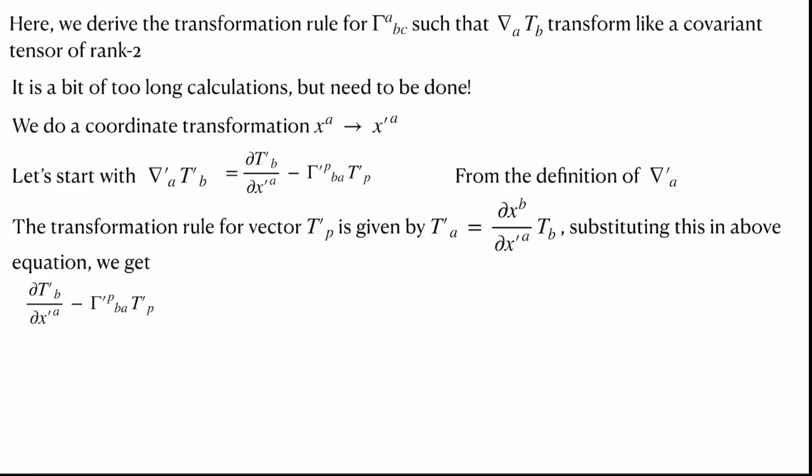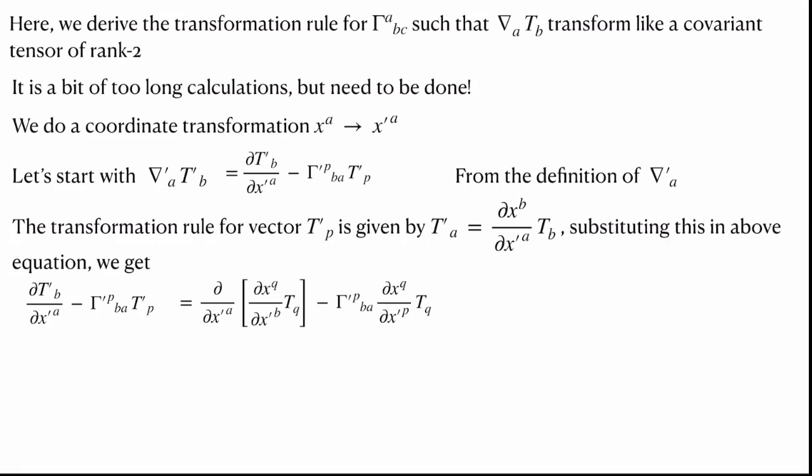We substitute that in our equation. So we have this partial differential where we have t prime b, and in the contraction with gamma, we have another t prime p. We substitute both in terms of the coordinate x.